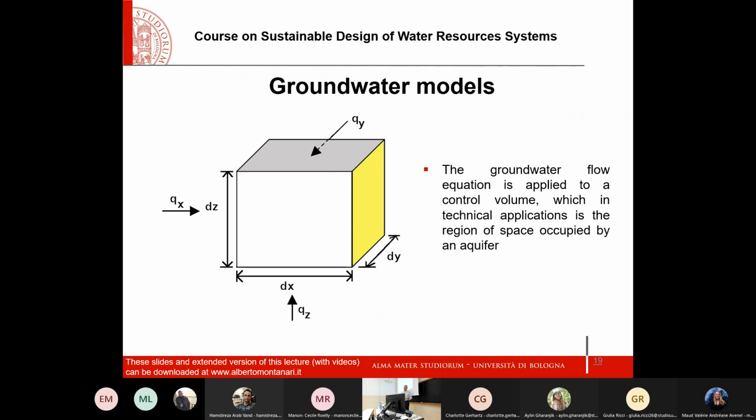When you get very calm flow in rivers, you may go down to 0.01 meters per second, 1 centimeter per second. This is very slow, okay? 1 centimeter per second is very slow. In groundwater, you may go down 3 orders of magnitude, so 0.0001. So 1 millimeter per second, 1/10 of millimeter per second.